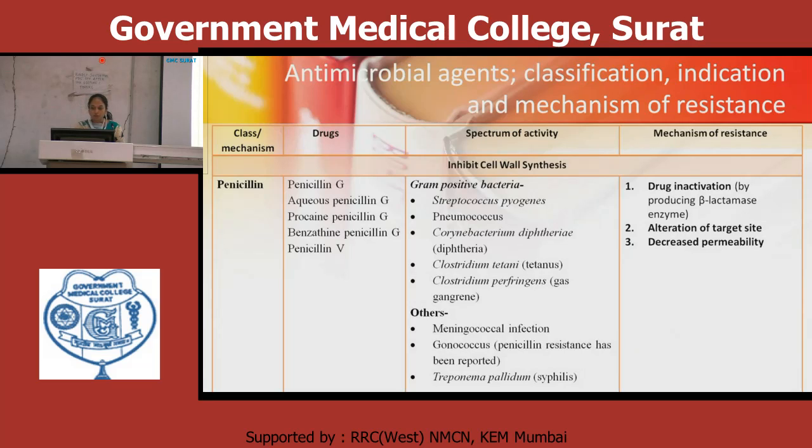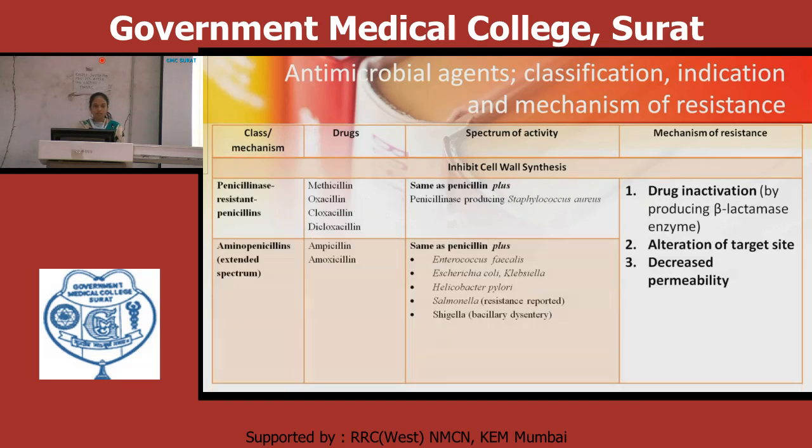Gram-positive bacteria, that are the Streptococcus pyogenes, Pneumococcus, Corynebacterium diphtheriae, Clostridium tetani and Clostridium perfringens. Others are meningococcal infection, gonococcus or Treponema pallidum against syphilis. Mechanism of resistance is drug inactivation by producing beta-lactamase enzyme, alteration of target site, and third one is decreased permeability.